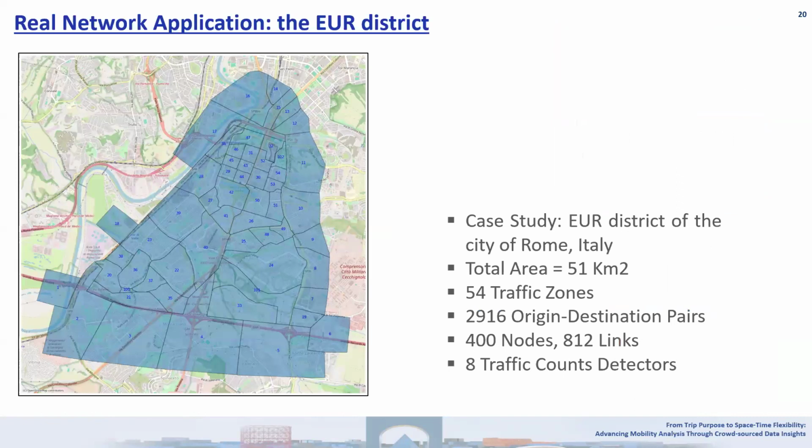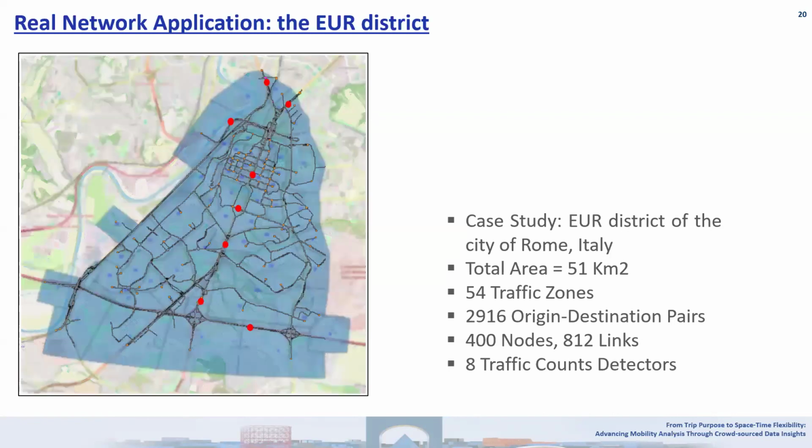So we applied this model to the same study area. We first conducted a lot of experiments on a toy network, but I will show you directly the application on a real network. This has 54 traffic zones, meaning almost 3,000 origin destination pairs, so almost 3,000 variables for each time interval that we are considering, and only 8 traffic count detectors in the area.